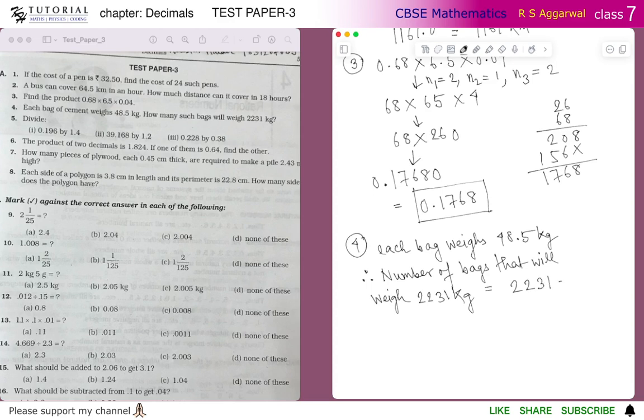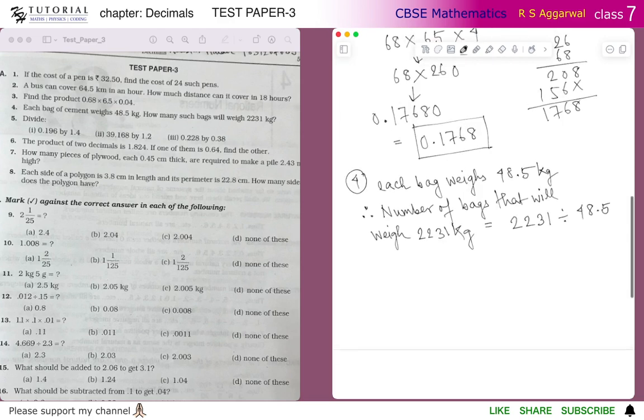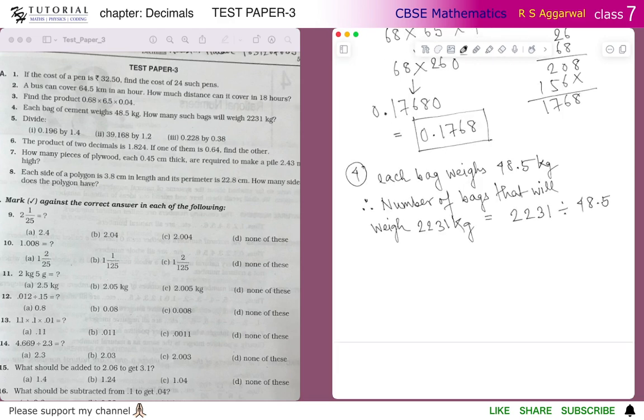2231 divided by 48.5. So 2231 will be the weight of all the bags, let's say n number of bags, and so we have to find n, where it is given that each bag weighs 48.5 kg. So n will be 2231 divided by 48.5. So we have to compute 2231 divided by 48.5.